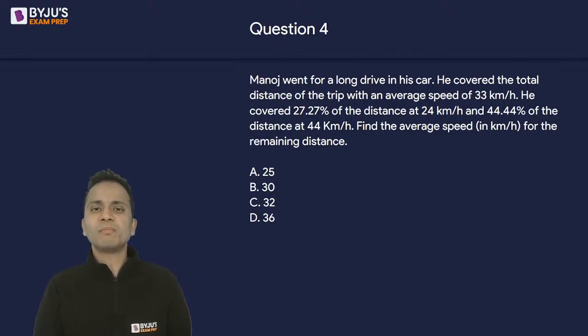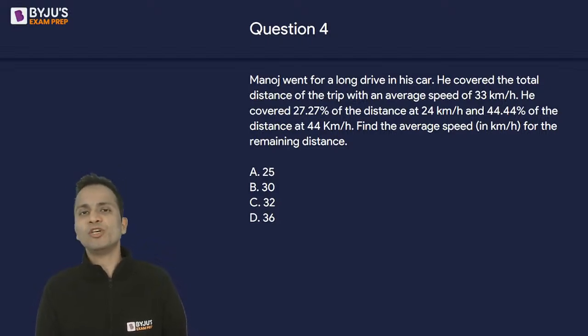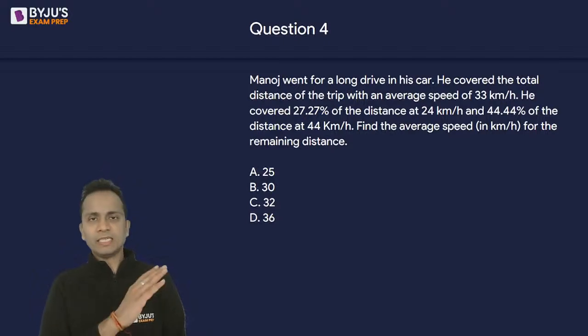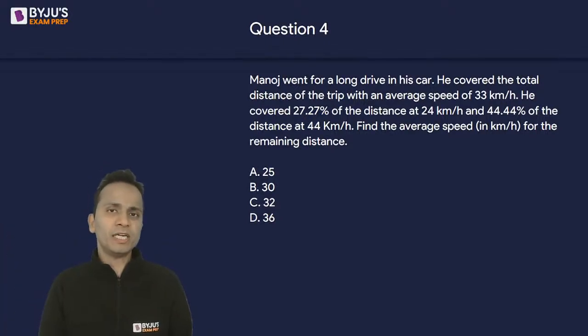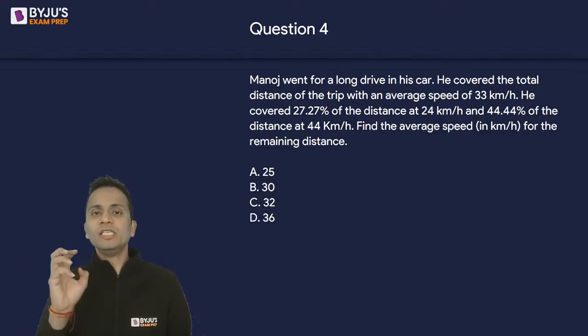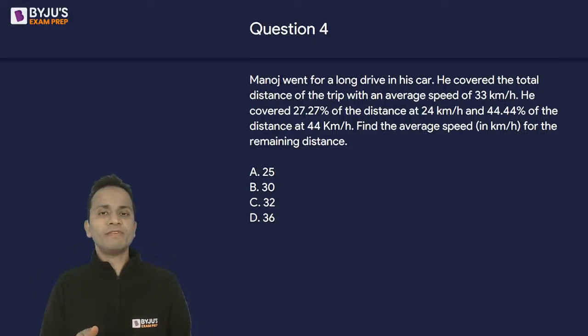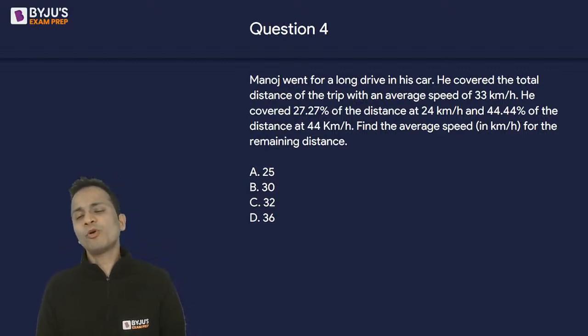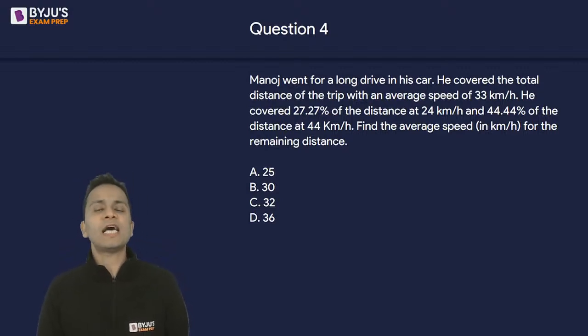Question number 4 is, Manoj went for a long drive in his car. He covered the total distance of the trip with an average speed of 33 km per hour. He covered 27.27 percentage of the distance at 24 km per hour and 44.44 percentage of the distance at 44 km per hour.